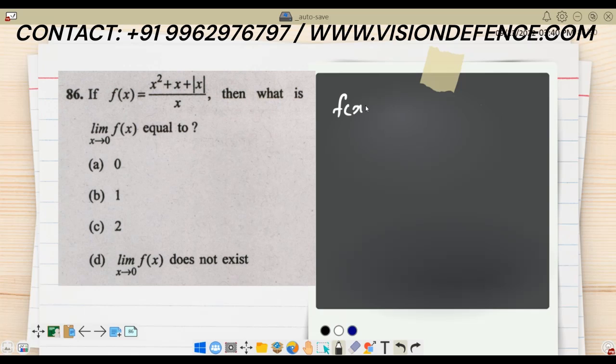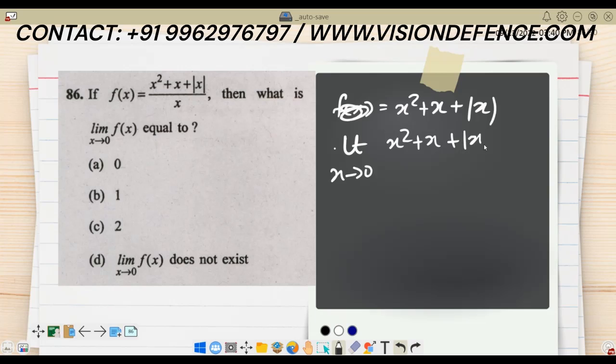f of x equal to x square plus x plus modulus of x. Then what is limit f of x? So this is just going to be limit x tends to 0, x square plus x plus modulus of x, divided by x. Right. So we need to find, since this is a modulus function, we need to define this.